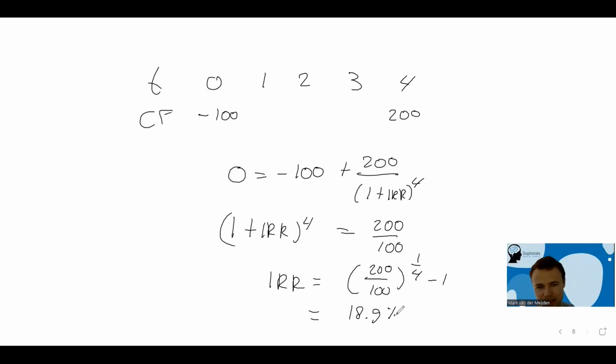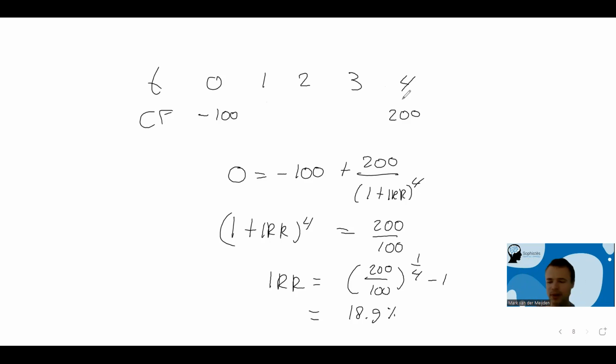Yes, it's 18.9%. So basically, what happens here is you invest 100 euro. Let's say that you make an investment. Then you put it on the bank, for example, for an 18.9% yearly interest rate. Then after 4 years, you would earn 200 euro, right? If you get 18.9% per year, that's basically what the IRR means in this case.